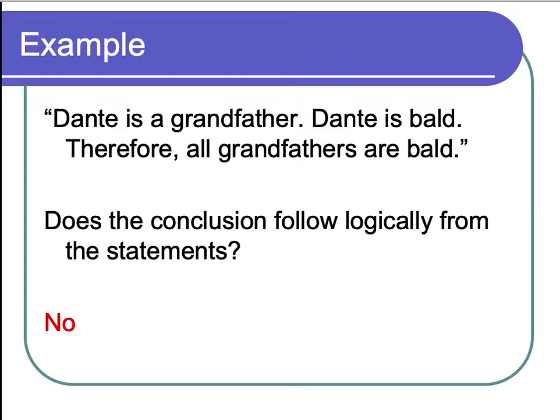The conclusion does not follow logically from the statement. So that is inductive reasoning. You are judging a general class, or you are going to judge something by using its part.